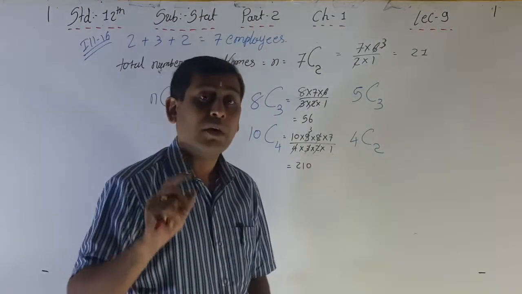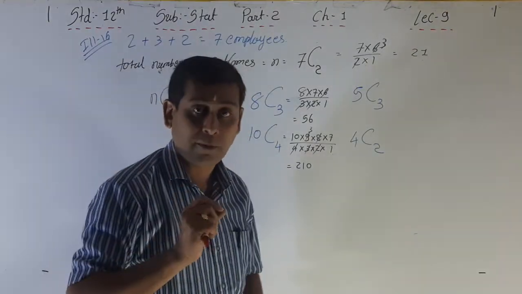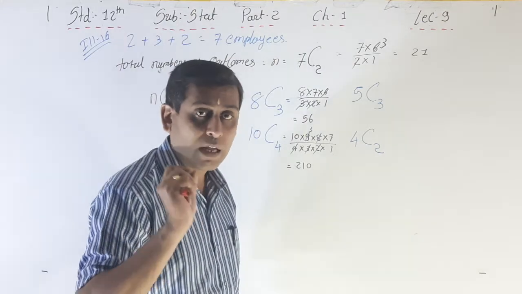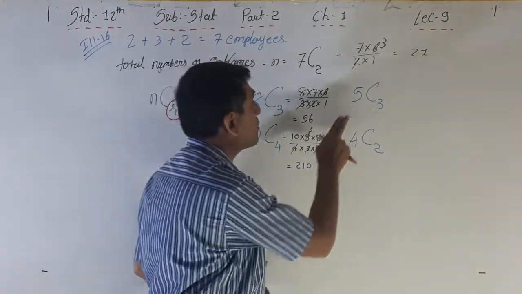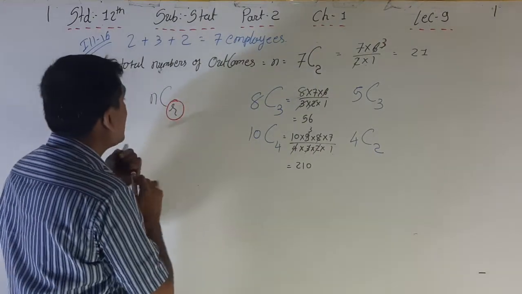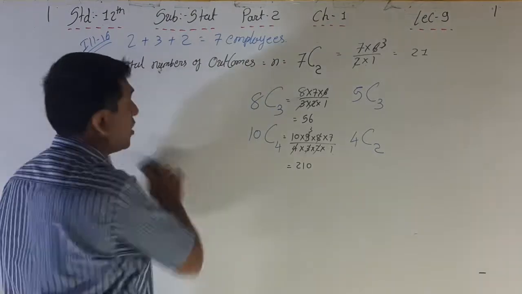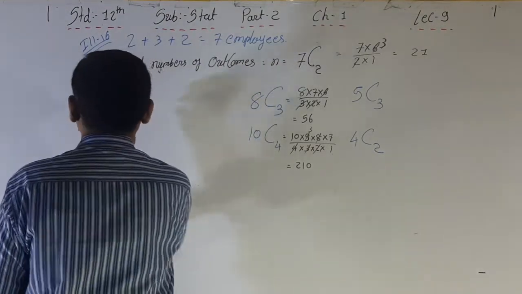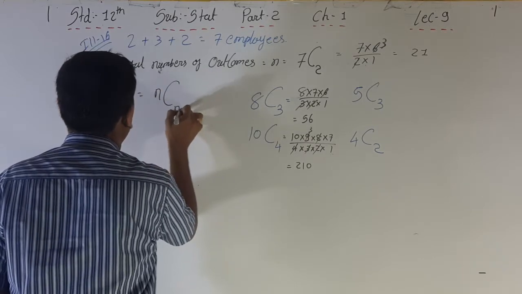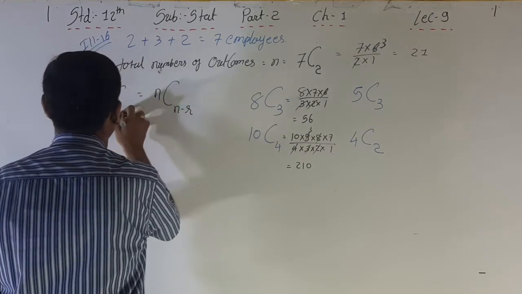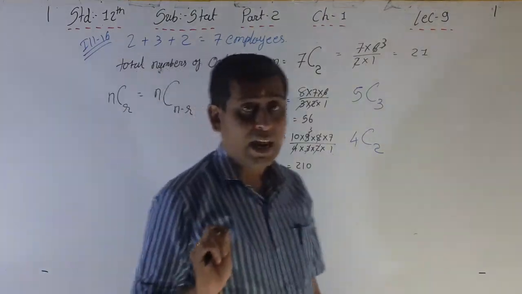And 3 is more than half of n. That's why here we have to subtract. Means what? nCr is equal to what? The formula we already discussed in 11th standard: nCr is equal to nC(n minus r).